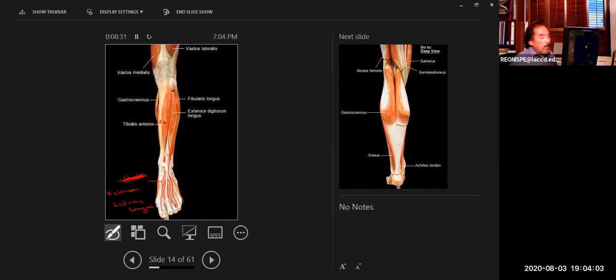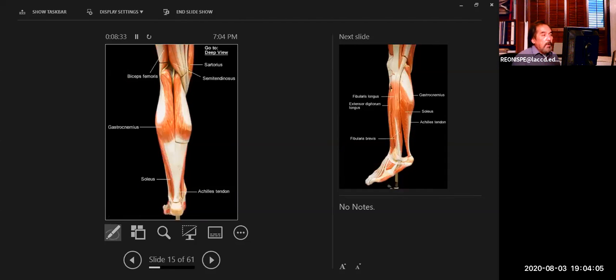All right, so let's take a look at some other pictures. From the posterior compartment, the gastrocnemius is this one. The soleus is going to be something inside, but you can actually see a little bit of that soleus here. All right, and then again, who's on the lateral side?